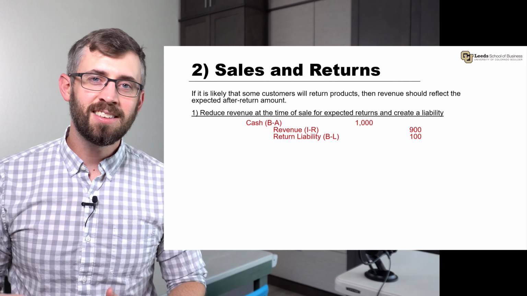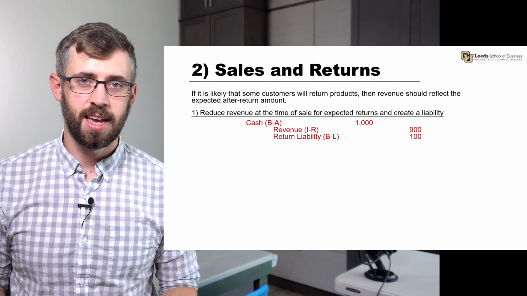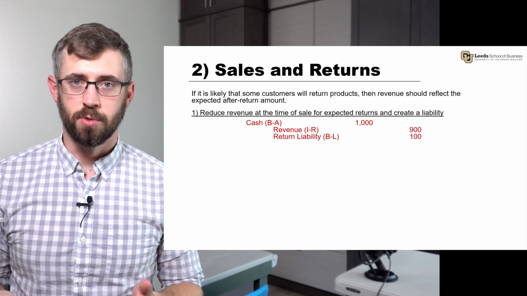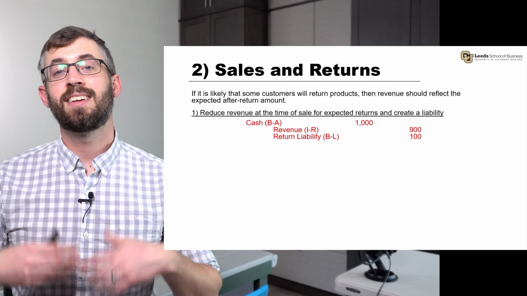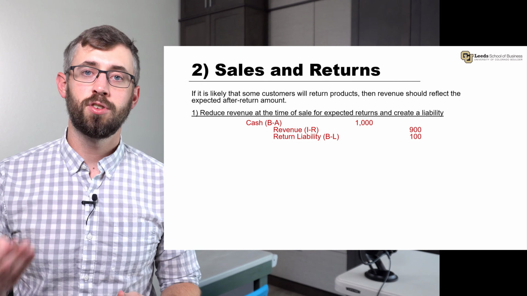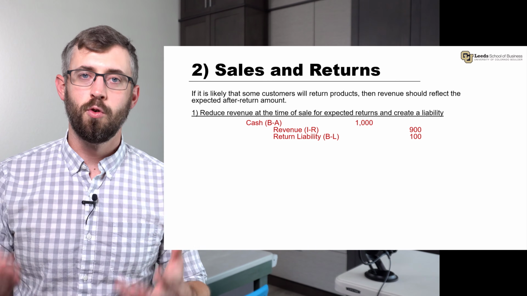You're going to have to estimate what those returns will be over a given group of sales. If we know there will be some returns and we can estimate roughly what they will be, then at the time of the sale, we reduce our revenue by the amount that we expect to be returned. We don't want to over-recognize revenue.